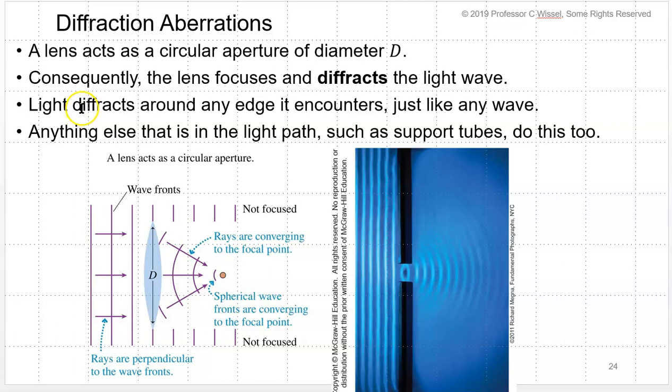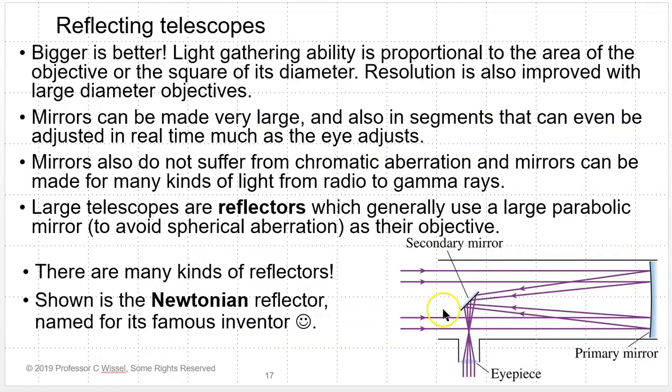Light diffracts around any edge it encounters, just like any wave. So anything in the light path, including this secondary mirror and the supports for the secondary mirror, can cause diffraction around the edges, because light will bend around any edges that it encounters, and that causes diffraction aberration and degrades the image. You can't avoid this. The only thing you can do is try to reduce it as much as possible through proper engineering.